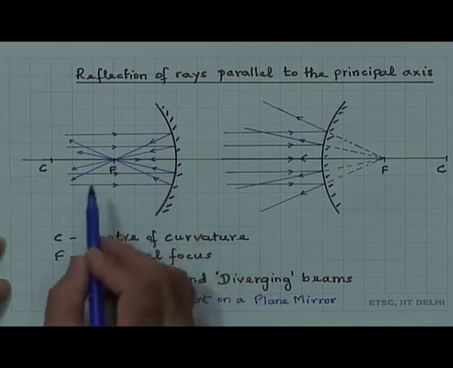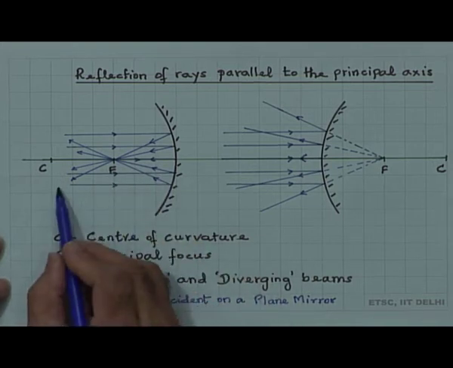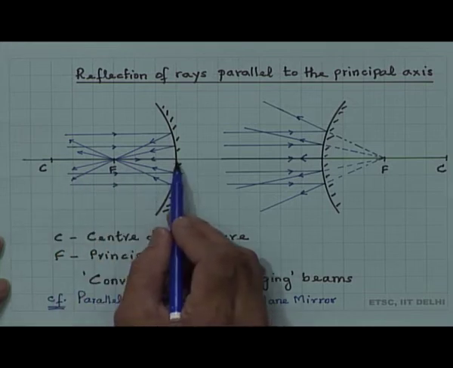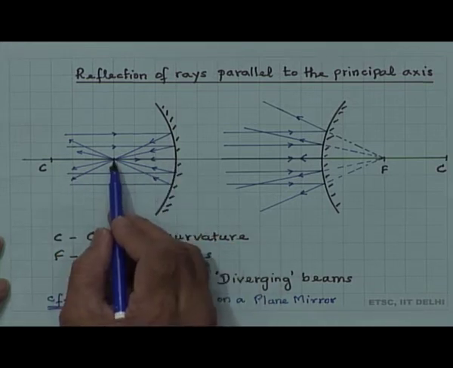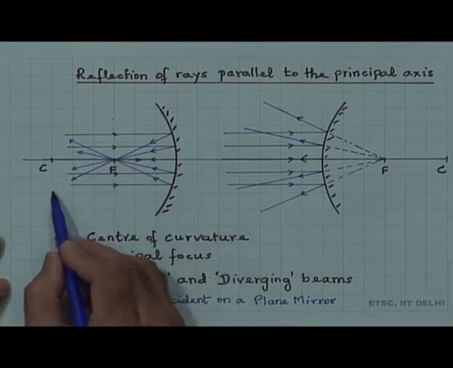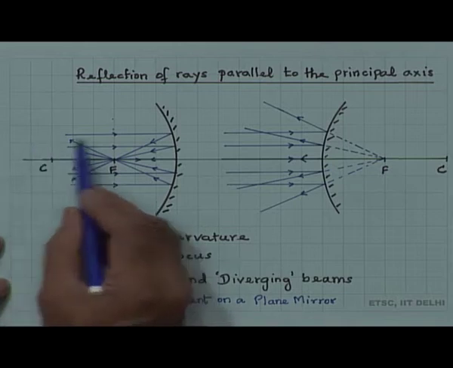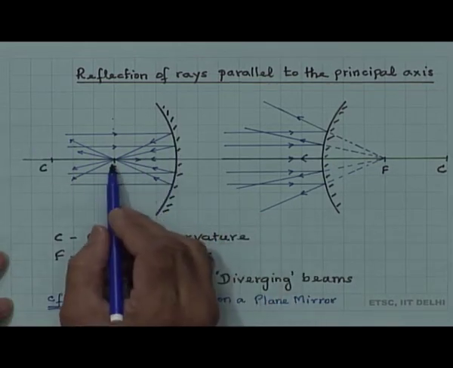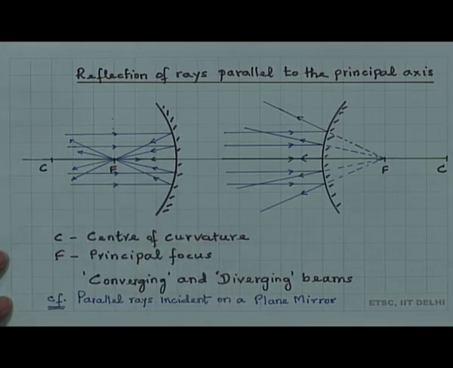In other words, any ray which is incident parallel to the principal axis will pass through a point f. The parallel rays, or the beam, will be focused to a point f.